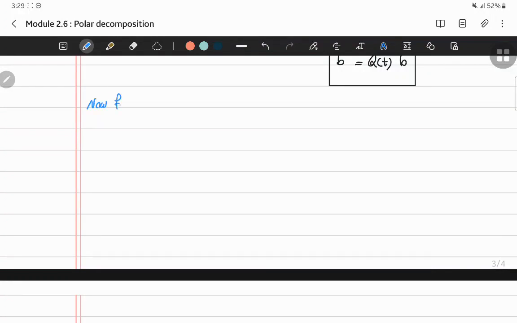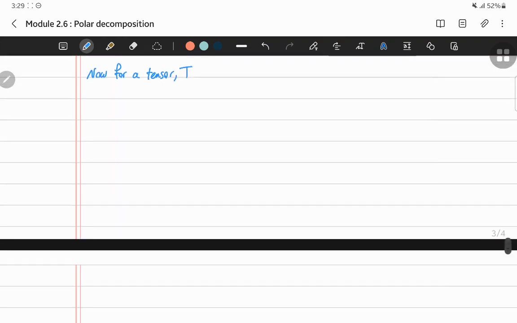So let's do this for a tensor. Now, for a tensor like T, we have your frame, c is equal to T b. So this b vector is basically transformed via this T tensor to c. And then we have c star is equal to T star b star. And here, remember, c and b are objective vectors or quantities here.